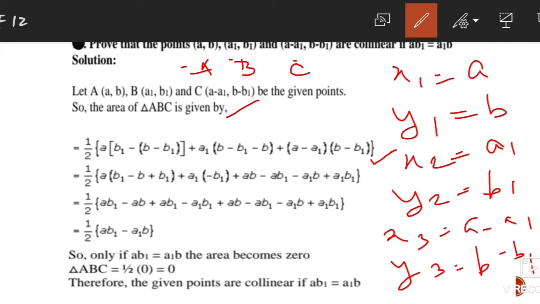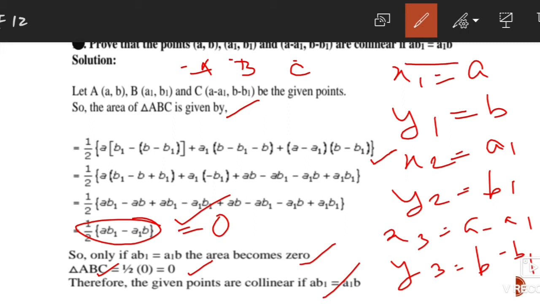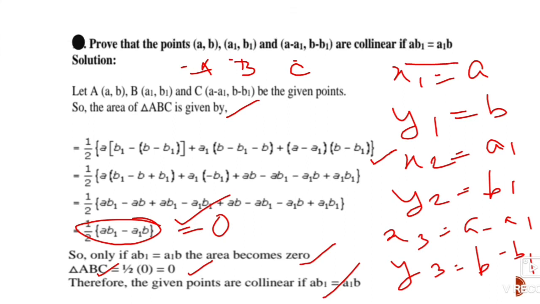If you put it in the formula, at the last you will get half of (ab1 - a1b). Now since the points are collinear, the area of ABC is equal to 0. That means this whole amount is equal to 0. So you get ab1 = a1b. Okay, you got this relation. In this way you have to solve this example.